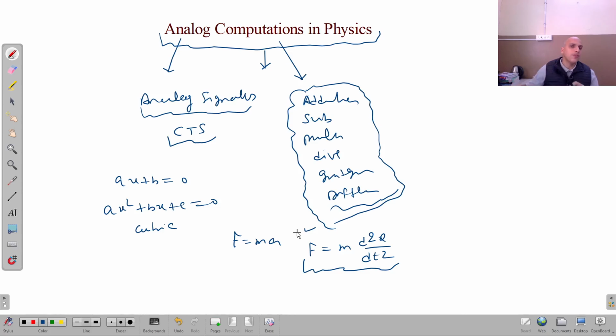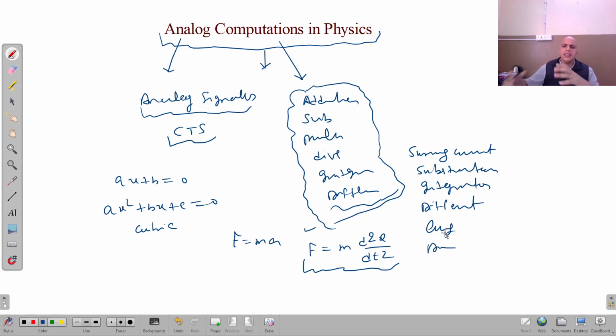So how will we solve these equations? We deal with the summing circuit, subtractor, integrator, differentiator, logarithmic amplifier, anti-logarithmic amplifier. All these circuits have already been discussed in electronics. And how are these circuits designed? They are designed by making use of an operational amplifier.